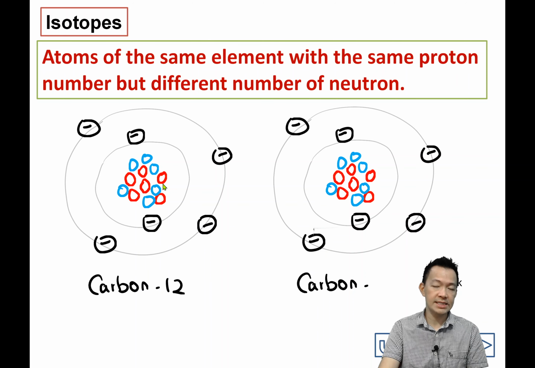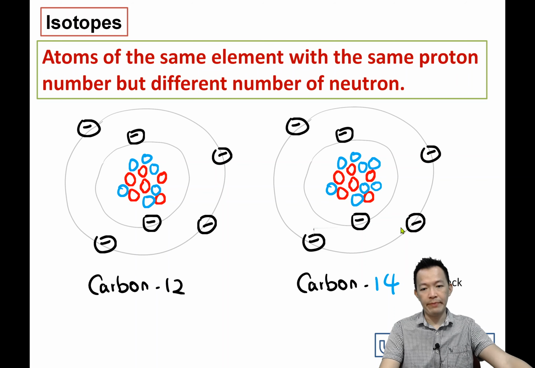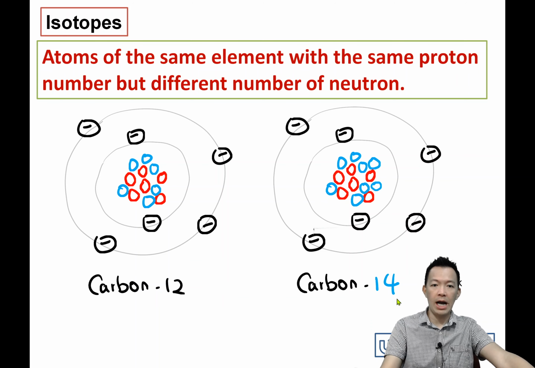Carbon 12 having 6 neutron, but carbon 13 having 7 neutron, or maybe carbon 14 having 8 neutron，對不對？So what's mean by isotope? 同樣的一種元素的原子。With the same proton number 6, but different number in neutron 6和8. So that's why we're having the isotope called carbon 12, carbon 14 碳12跟碳14. Okay, so this is what we call isotope.